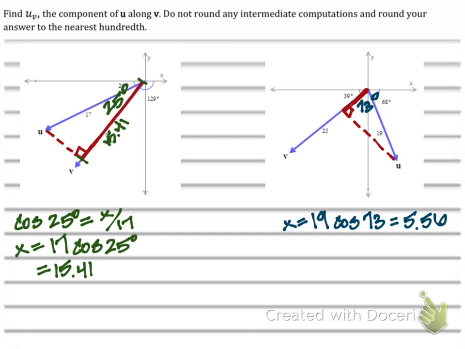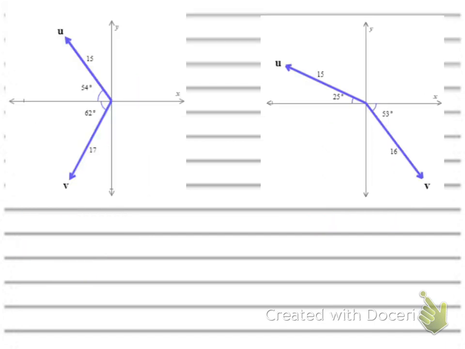Let's look at what happens when the angle between them is obtuse. So here, the angle between them is obtuse. Remember, we are not talking about this guy out here, the angle bigger than 180. We're talking about the angle between them that's smaller, 54 plus 62. So this whole angle here is 116.